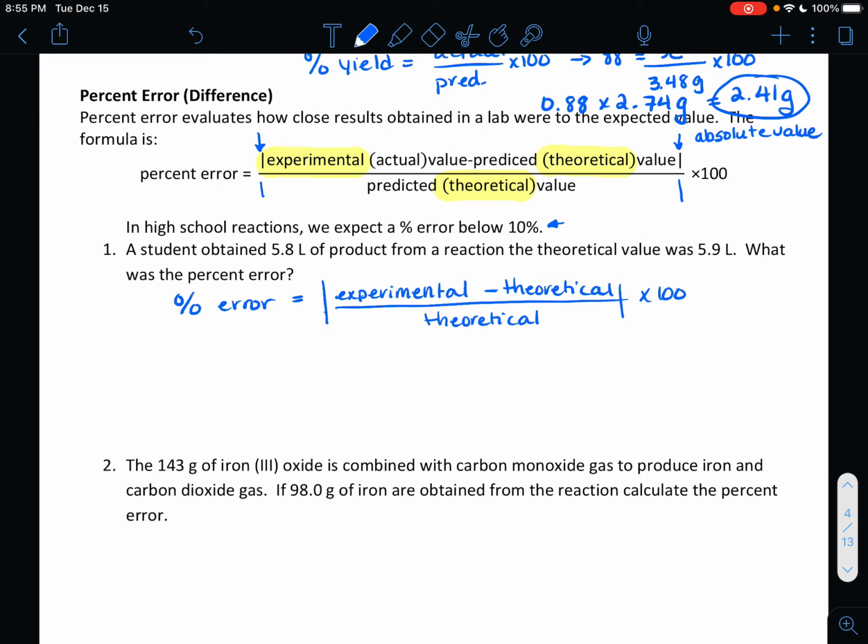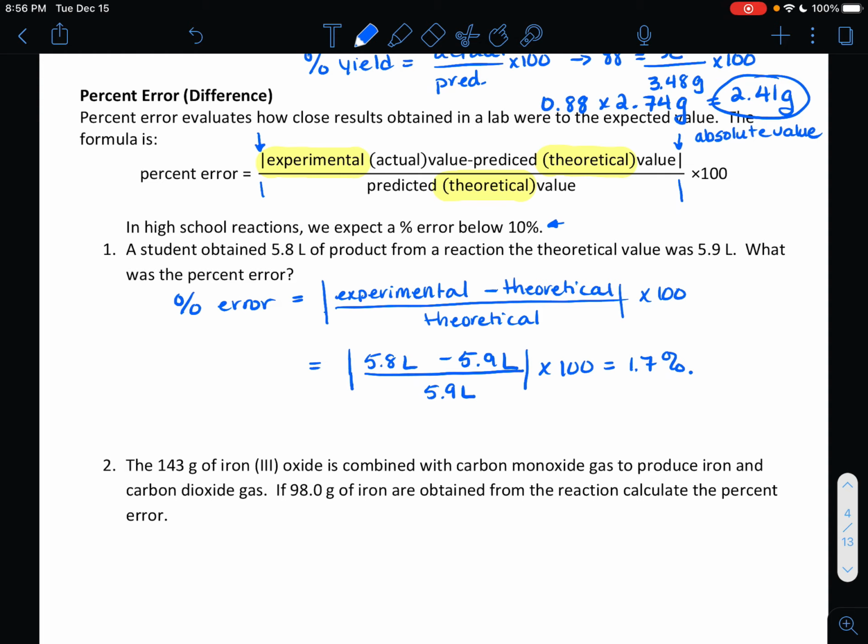And again, you can see that I've included those absolute value signs. So we put in our numbers, 5.8 liters minus 5.9 liters over 5.9 liters, times 100, and this turns out to be 1.7%.